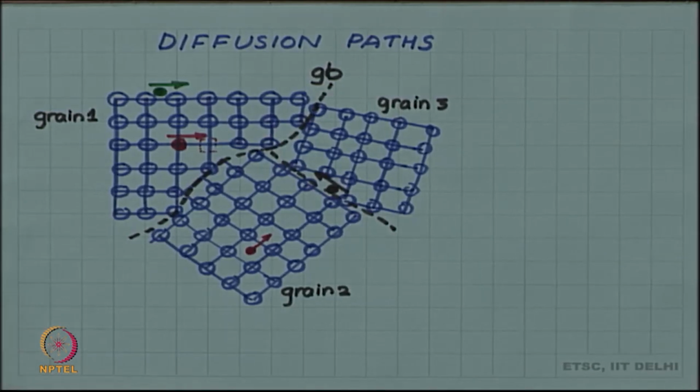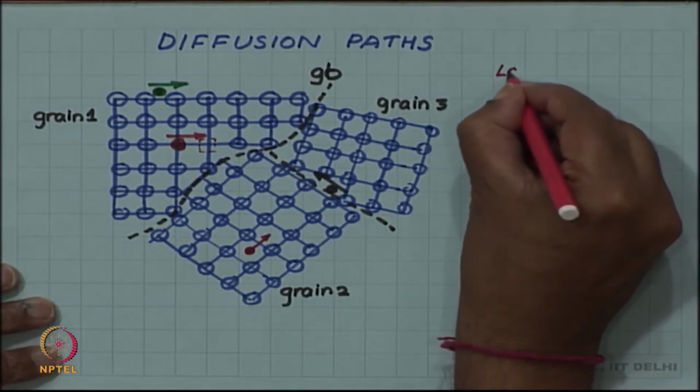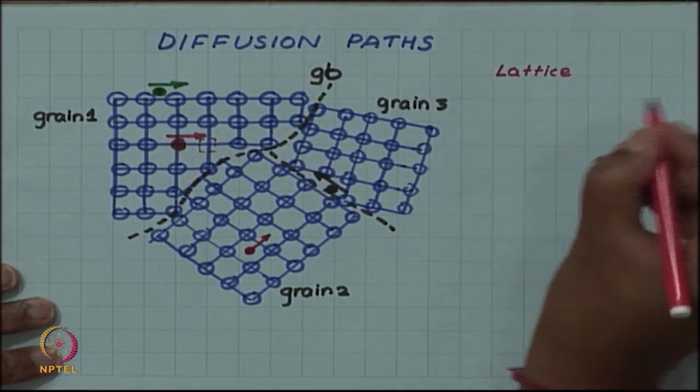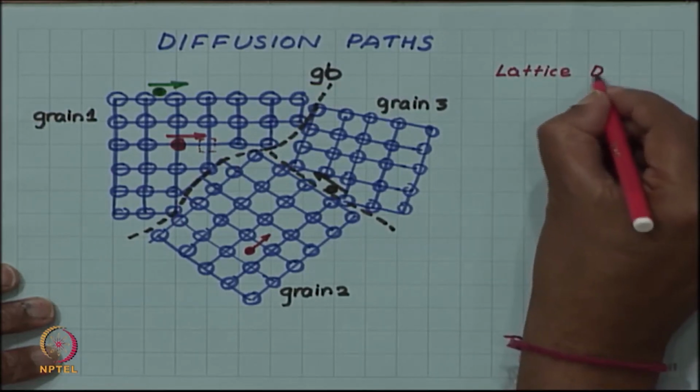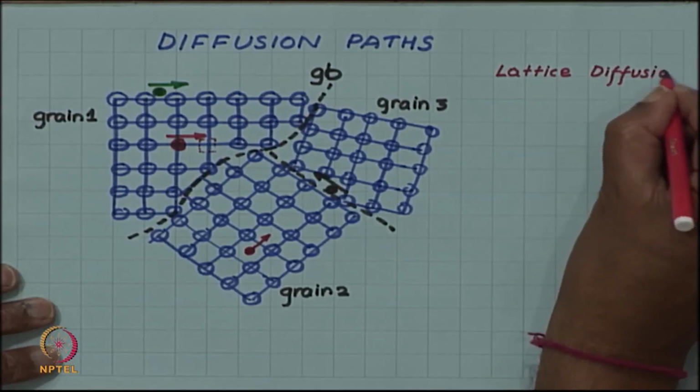So, this is what is called lattice diffusion. The red atoms are diffusing inside the lattice, that is one possible path, and this is what we have been discussing till now.